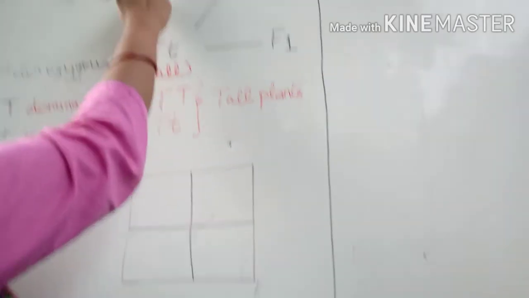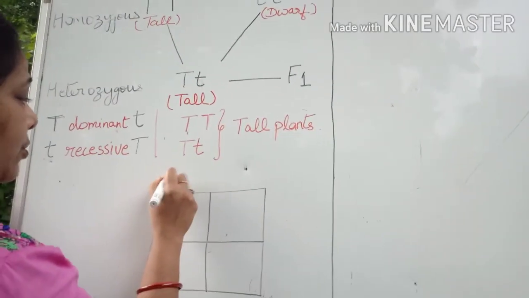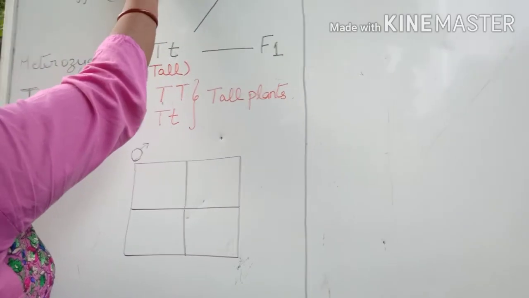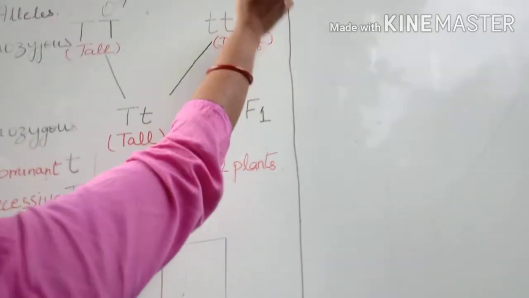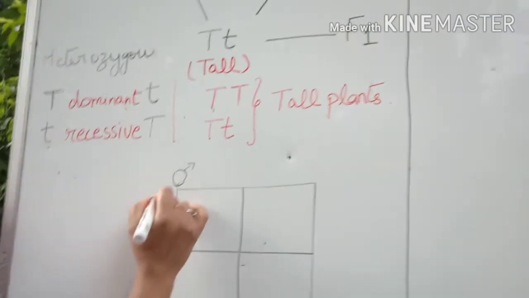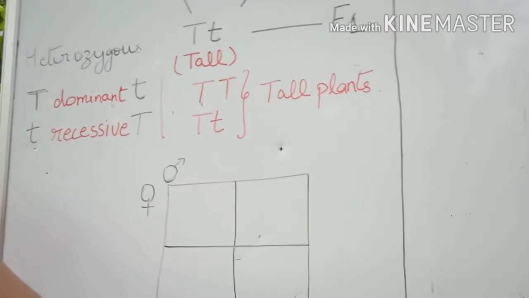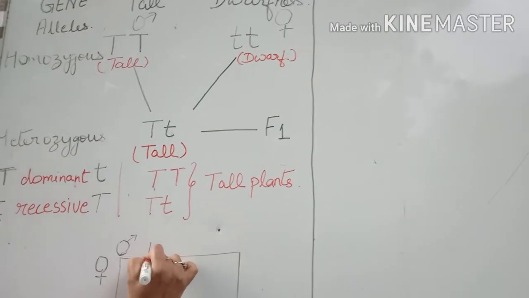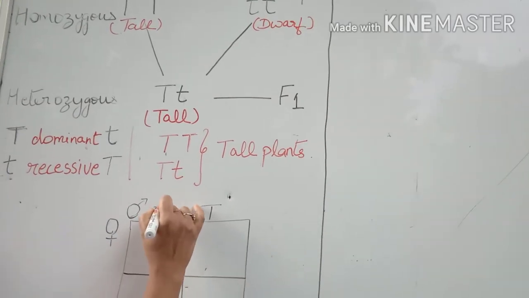This capital T and small t, how they are going to distribute. Suppose this is the father's gene, this is the mother's, male and female. The two parents are different. This is the male, capital T and capital T. So here also it will be like this, and here these both are getting separated.